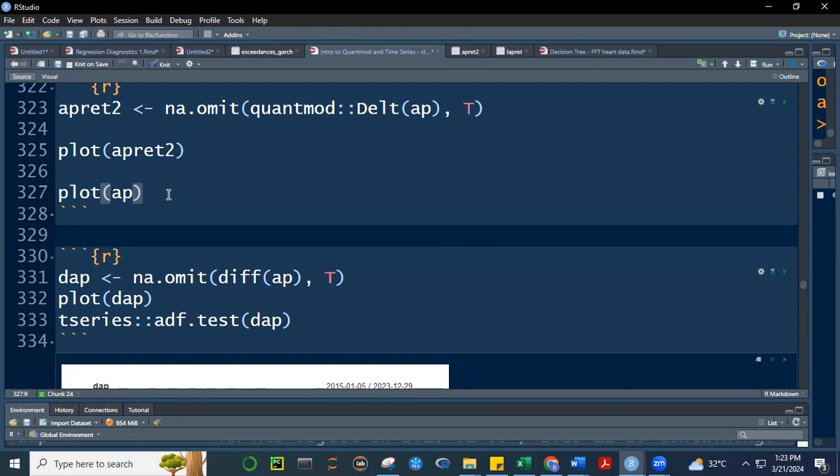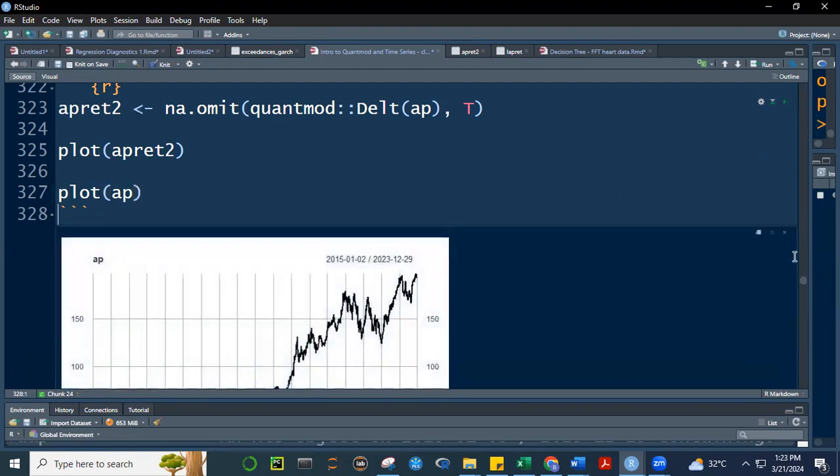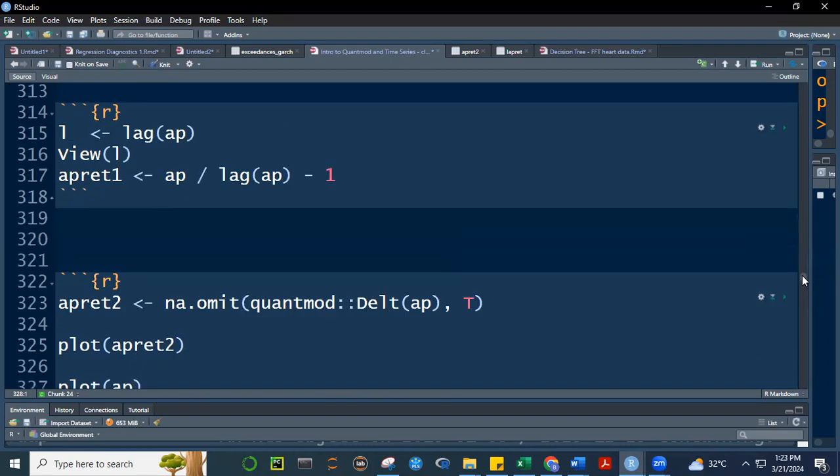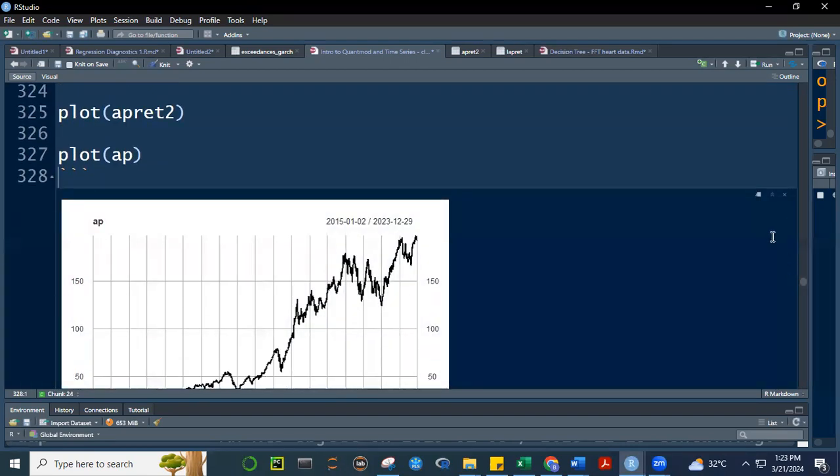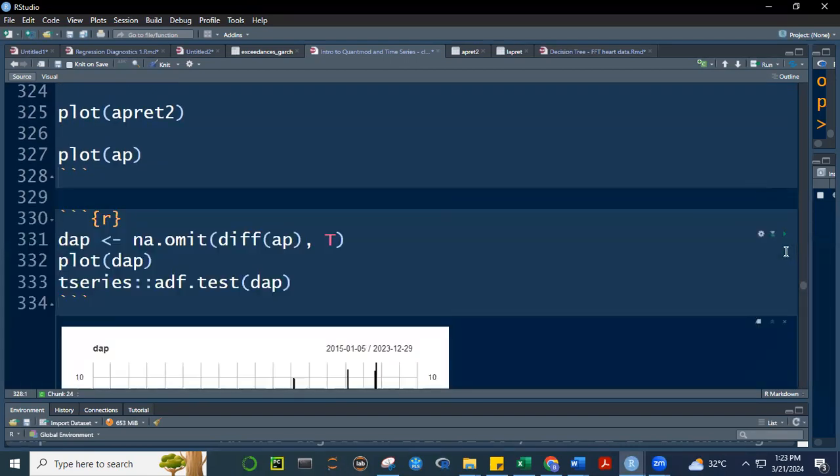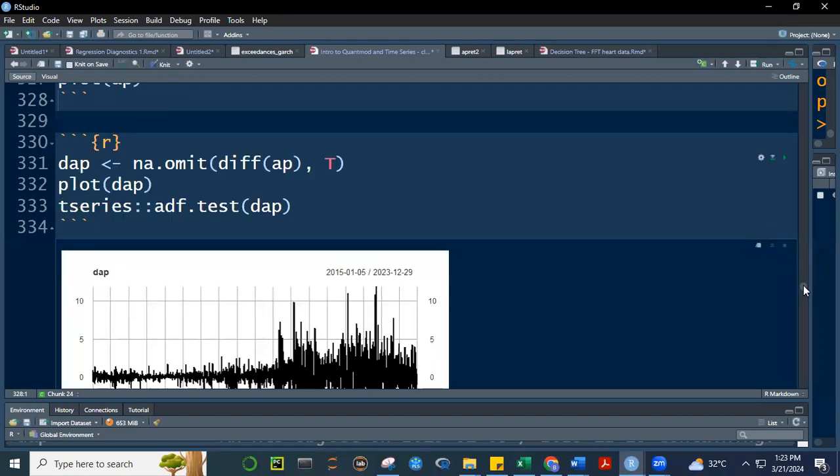And as I said, if we plot Apple, you notice that this is not stationary. So you cannot directly model this. You will have to transform that data. So how do you transform that? Since there is a trend, how do you detrend? Okay, how do you detrend it? When I say detrend, how do you remove the trend?